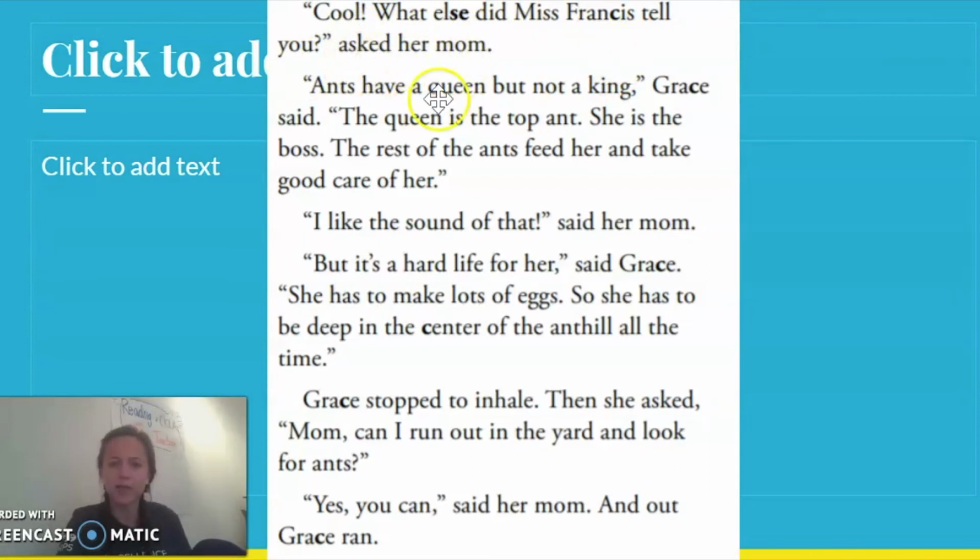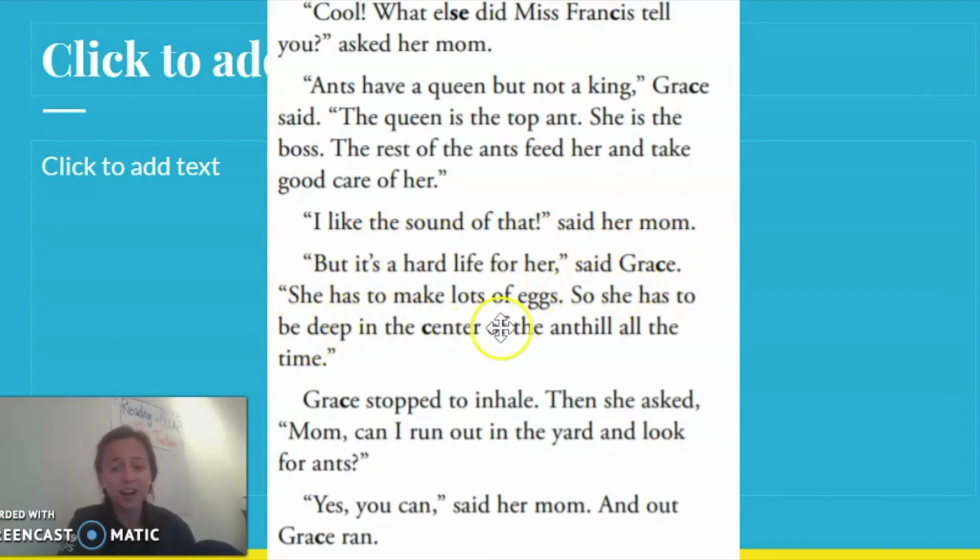Asked her mom. "Ants have a queen, but not a king," Grace said. "The queen is the top ant. She is the boss. The rest of the ants feed her and take good care of her." "I like the sound of that," said her mom. "But it's a hard life for her," said Grace.